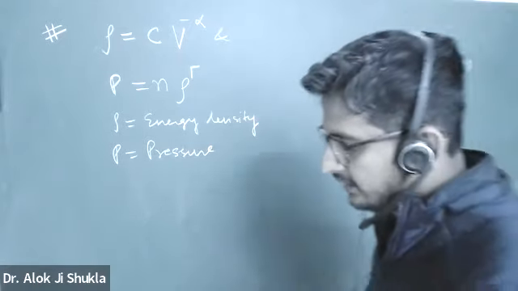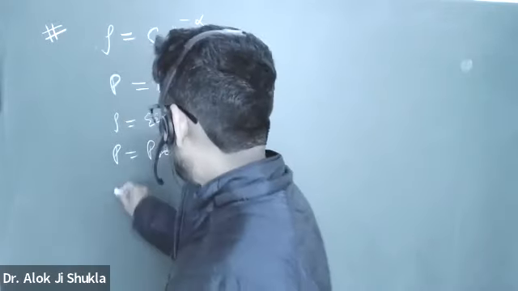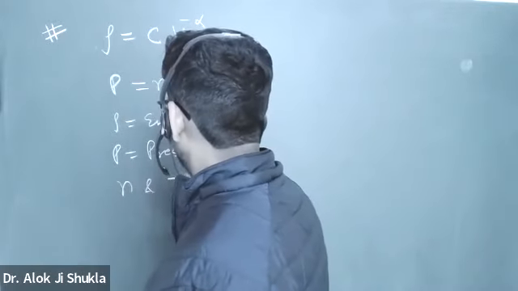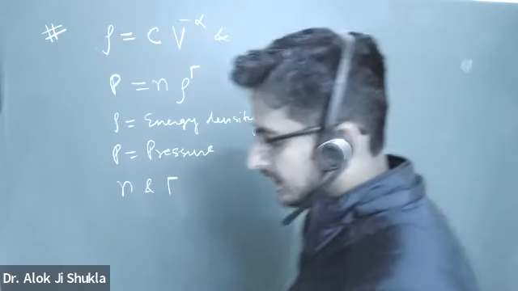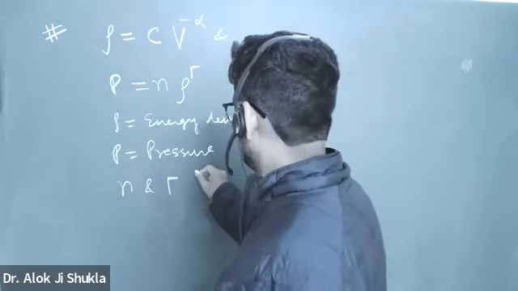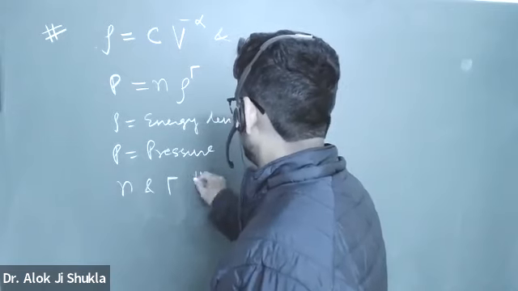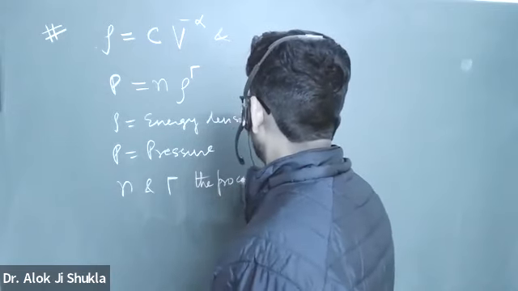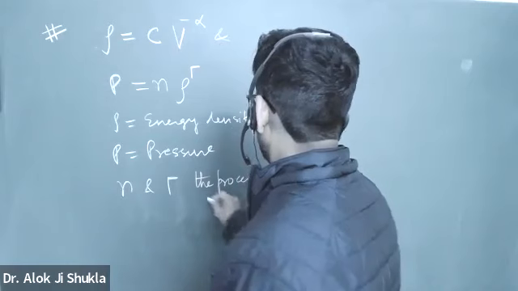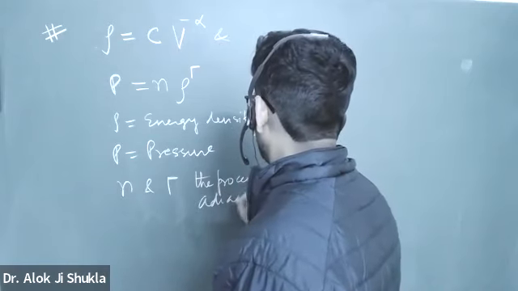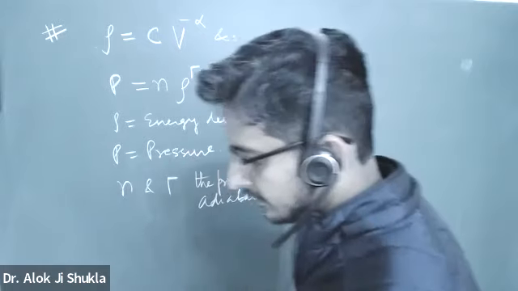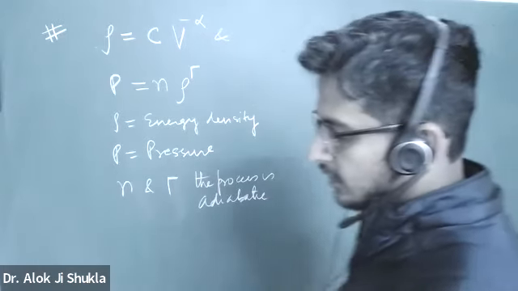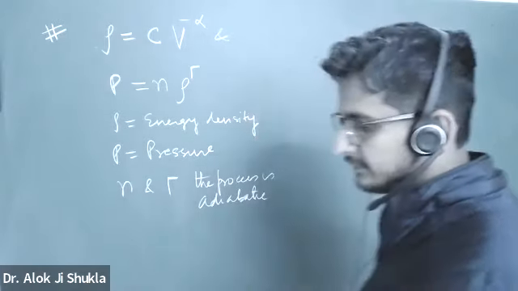For what values of N and gamma the process is adiabatic if the volume is changed slowly?